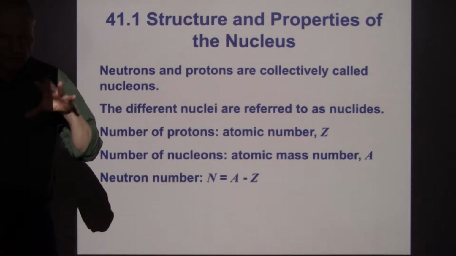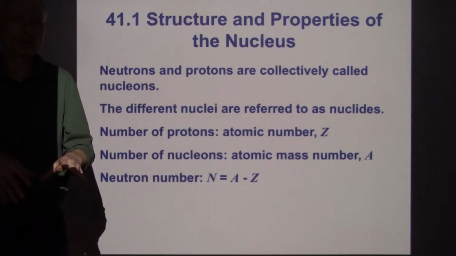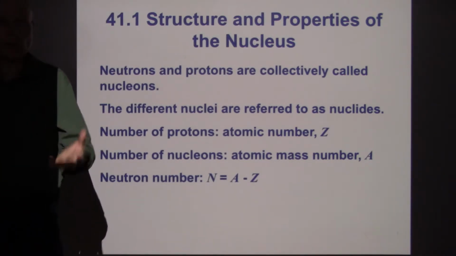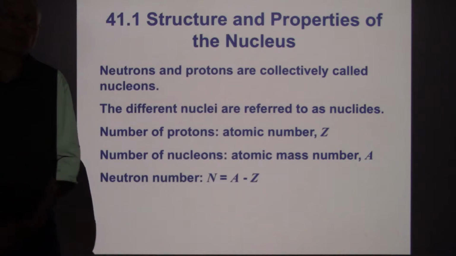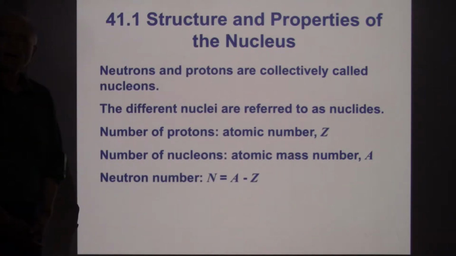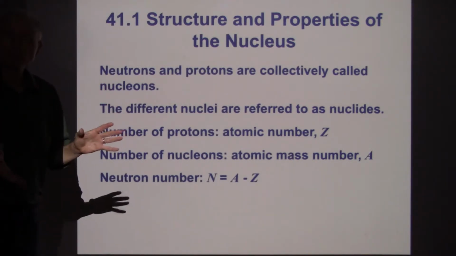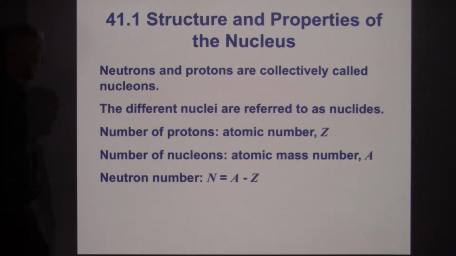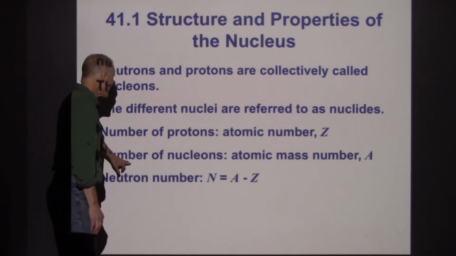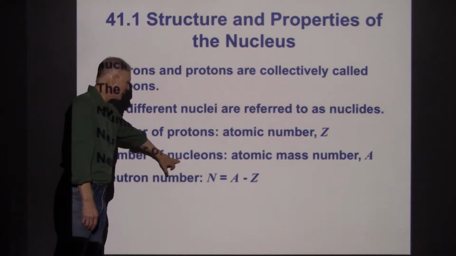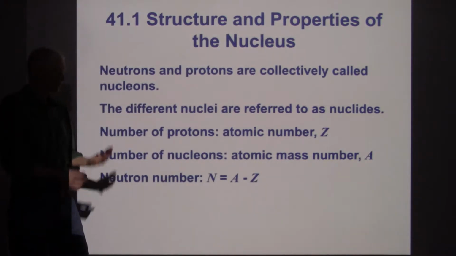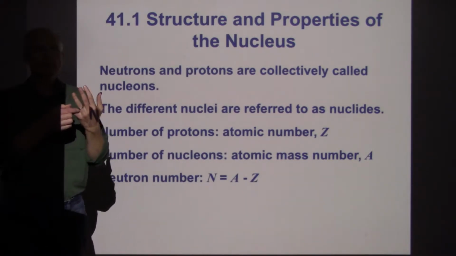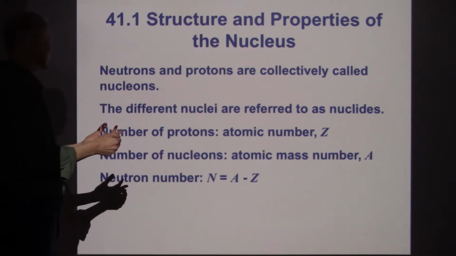And so the number of protons determine the number of electrons, and the electron configurations determine the chemical properties. So yeah, the periodic table is arranged according to how many protons are in the nucleus of each one of the elements.